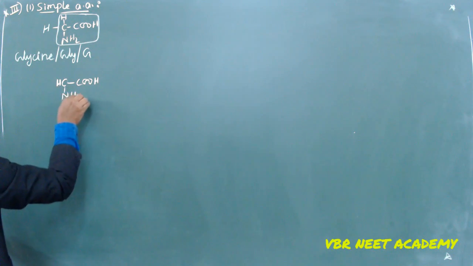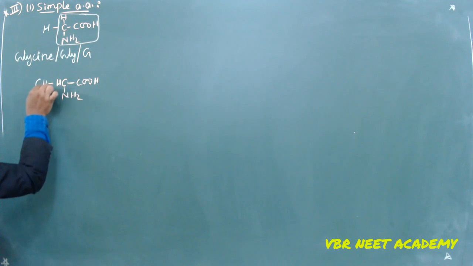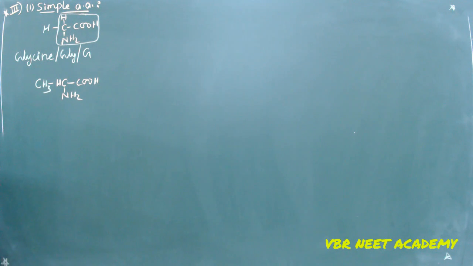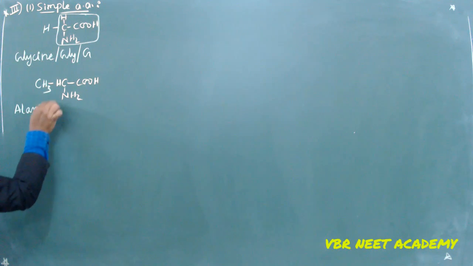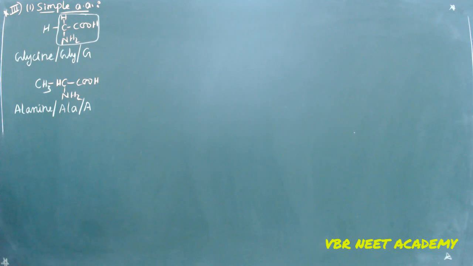This is common, and here we have CH3. There you have a simple hydrogen, here I have a simple CH3. This is called alanine, ALA, single letter code A. These all come under simple amino acids.